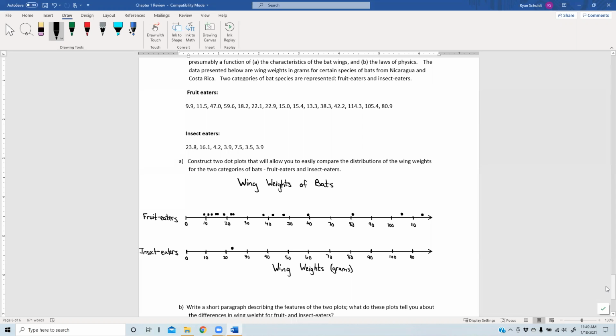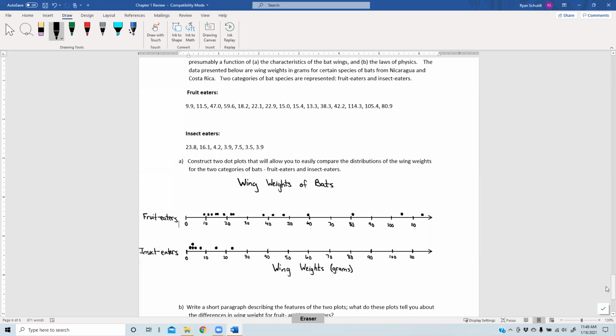Let's move it a little bit further over. 4.2. 3.9. 7.5. 3.5 is going to be right here beside the 3.9. And then 3.9 again.